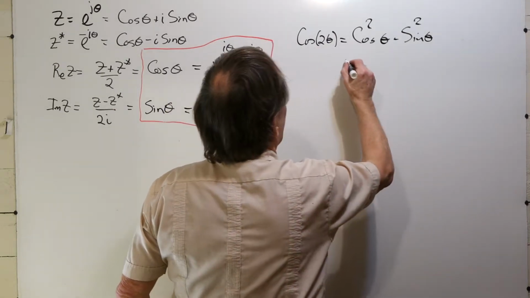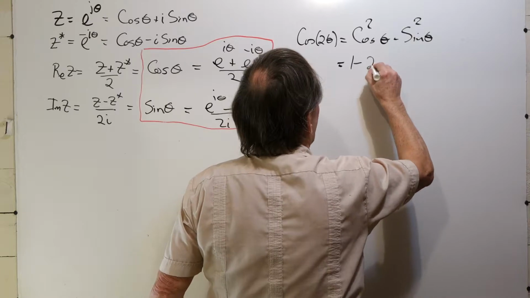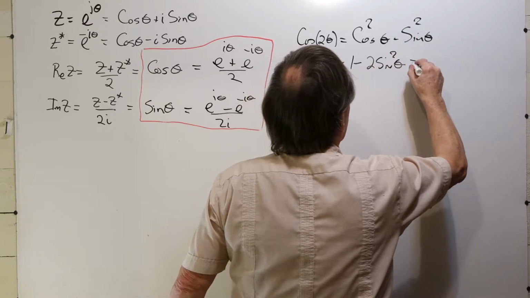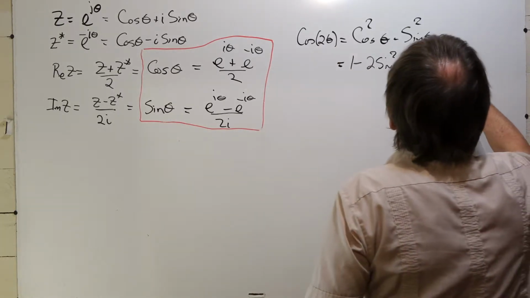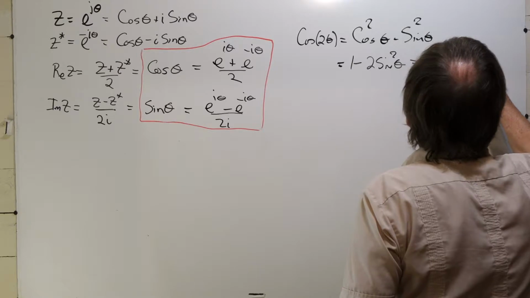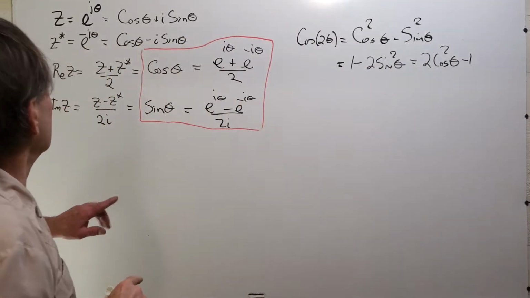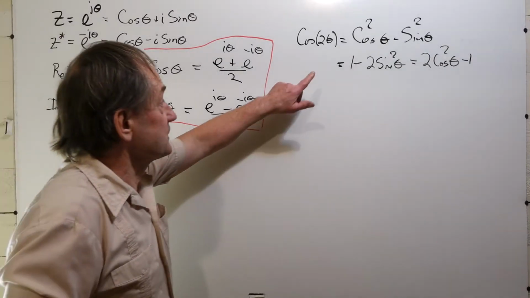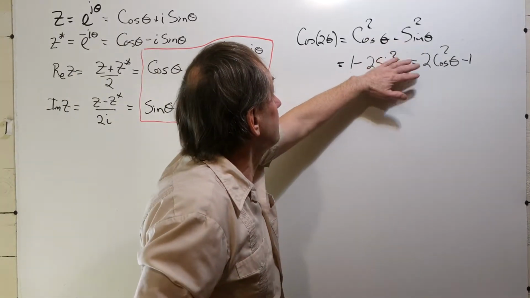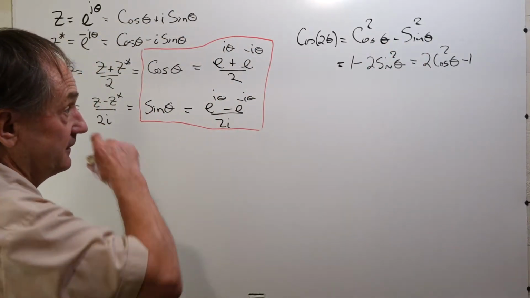And we also know that it's 1 minus twice sine squared theta, and is also 2 cosine squared theta minus 1, by putting in sine squared plus cosine squared equals 1 for the cosine or the sine respectively in there.